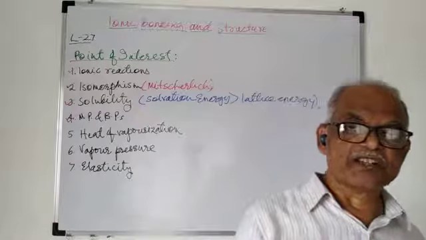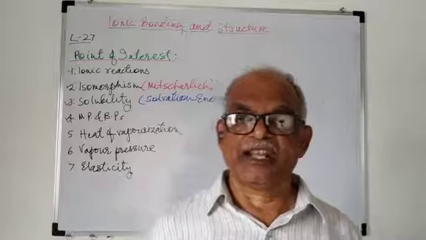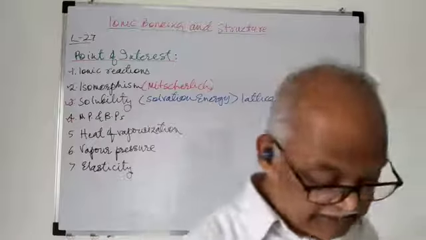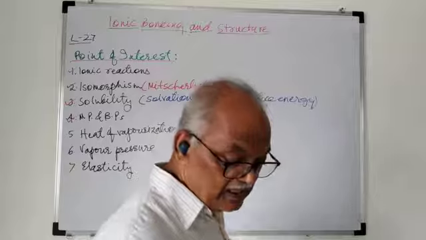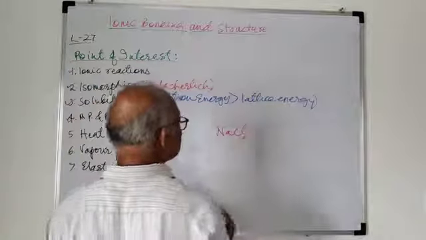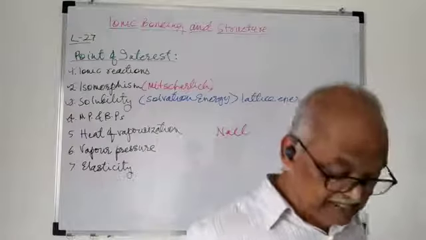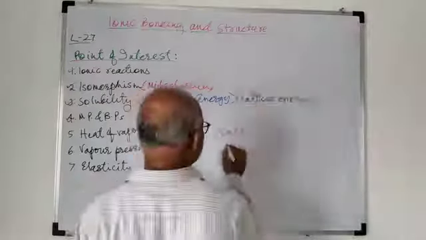So the energy is required for mobilization of the ions, and this is very high. If we consider the example of NaCl, it has a high melting point, that is 800 degrees centigrade.